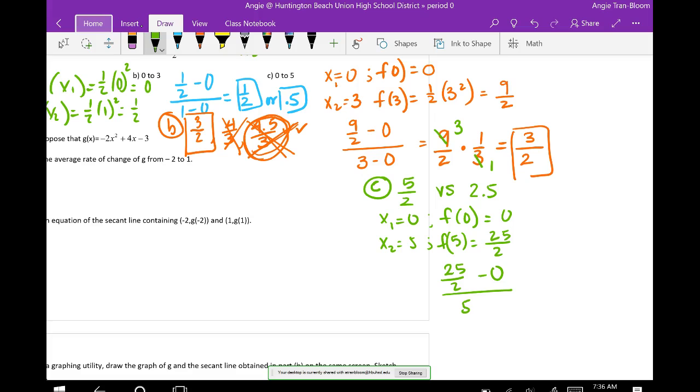Remember, you are dividing fractions, so you need to multiply by 1/5. From here, can you reduce before we multiply? Yeah. So the 5 and the 25, would you agree that I have 5 there and 1 here? Yep, and then when you multiply, you end up with 5/2.